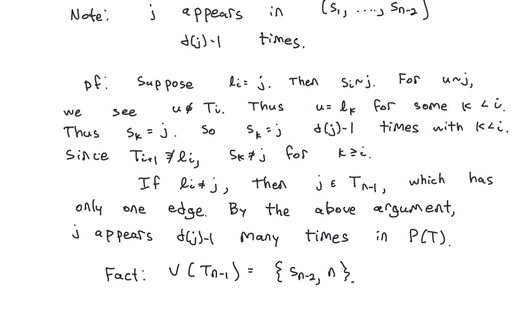And finally, as already noted, since n is always larger than any other number, the vertex n never gets removed, and so in the last tree, n is one of the vertices, and S_{n-2} is as well. So the point is we can tell a lot of the structure of the tree from the Prüfer sequence.